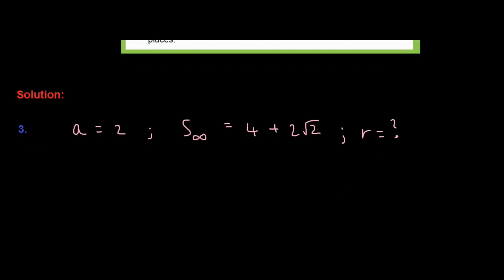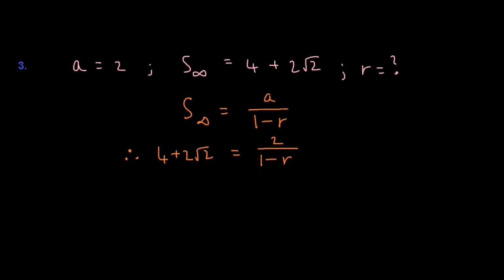We need to find the value of r, the common ratio. So we're going to use the sum to infinity formula. It's a over 1 minus r. We can substitute in. a is 2. Then the left-hand side we can write over 1, and we can cross multiply.